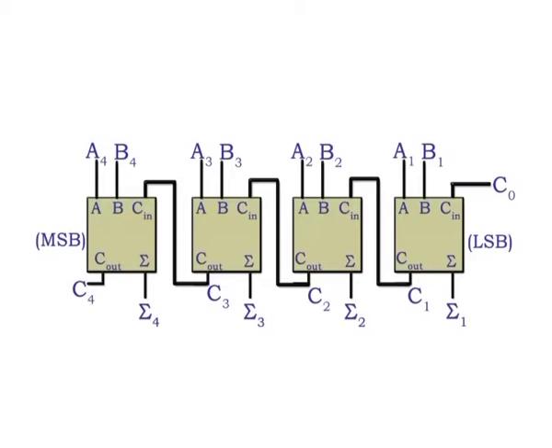Again, the LSBs, that is A1 and B1 in each number being added, go in the rightmost full adder. The higher order bits are applied as shown to the successively higher order adders, with the MSB, that is A4 and B4 in each number being applied to the leftmost full adder.